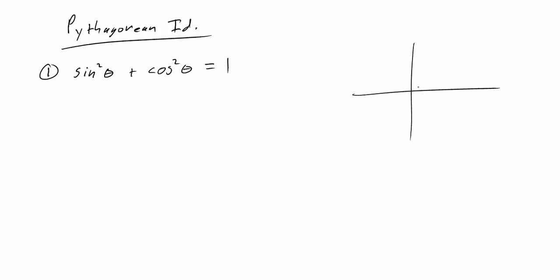If we were to draw our right triangle, thinking of this as the unit circle, we know the radius is 1, and this is our x, this is our y. By the Pythagorean theorem we have x squared plus y squared equals 1 squared.